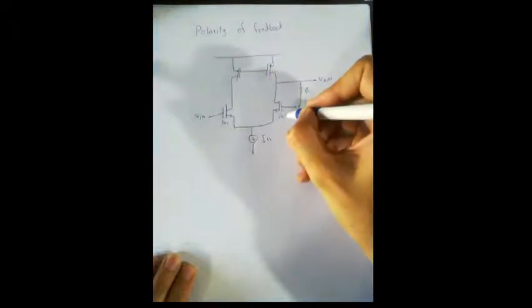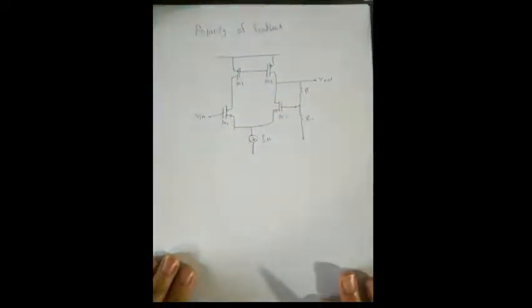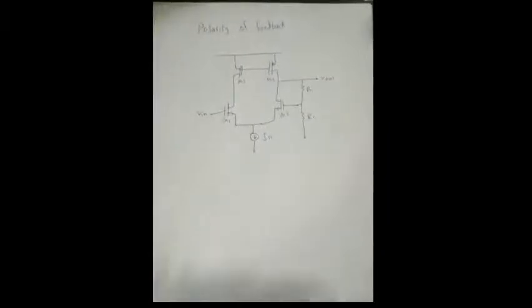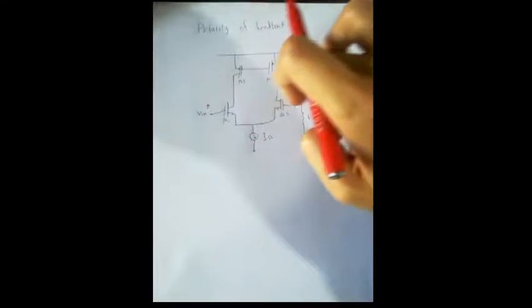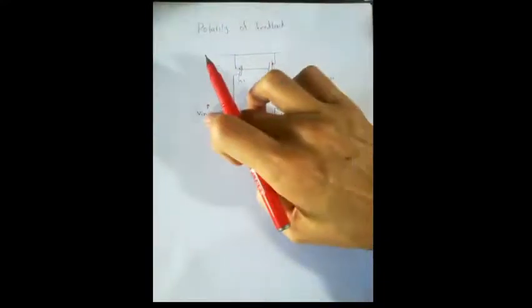M2, M3, and M4. Now the procedure to do so is that you assume there is a slight increase in the input voltage here, and then you follow the circuit to see what changes this increase in the input will cause.